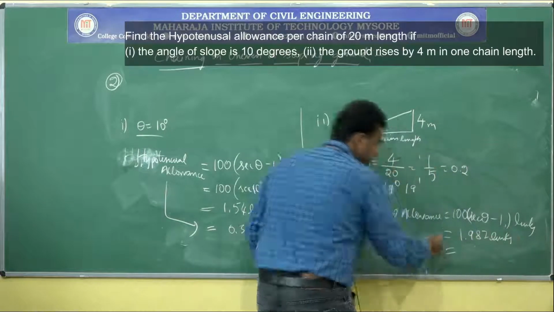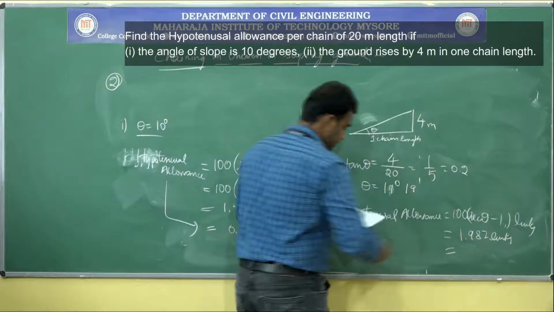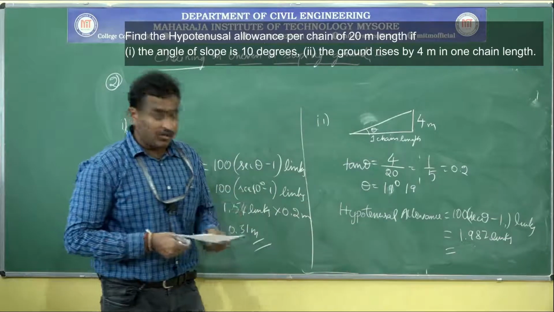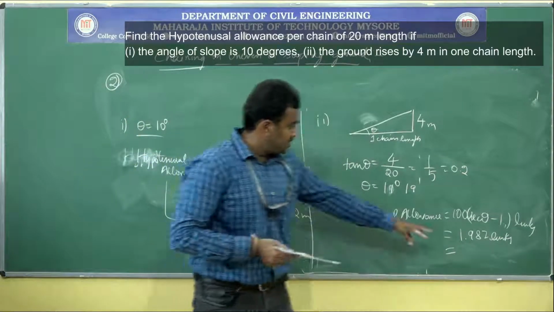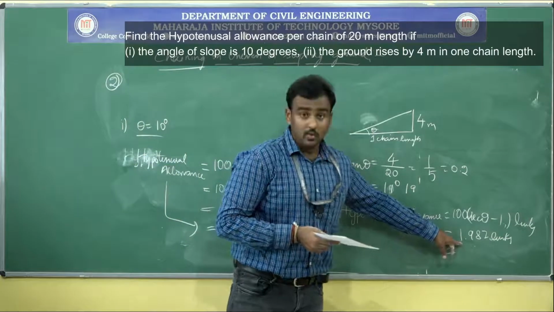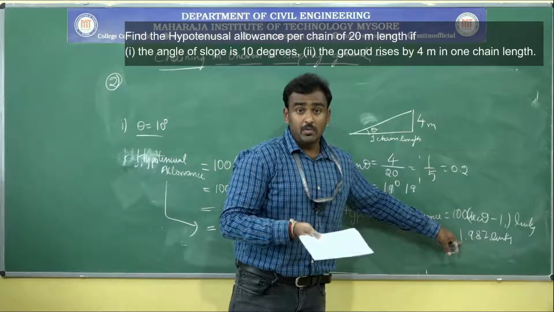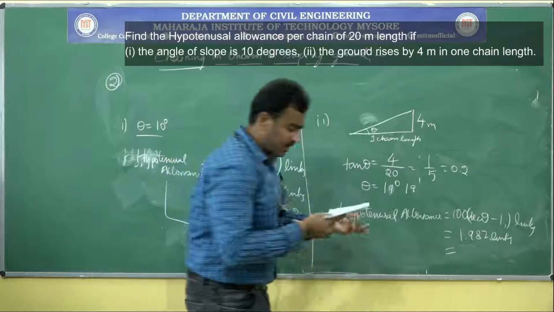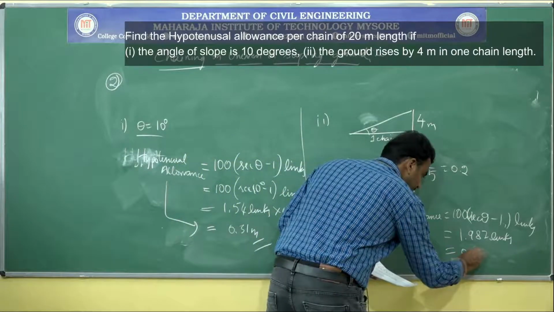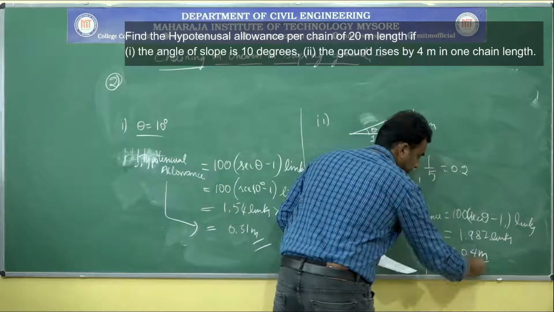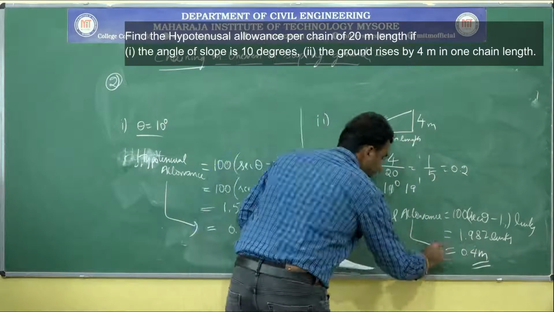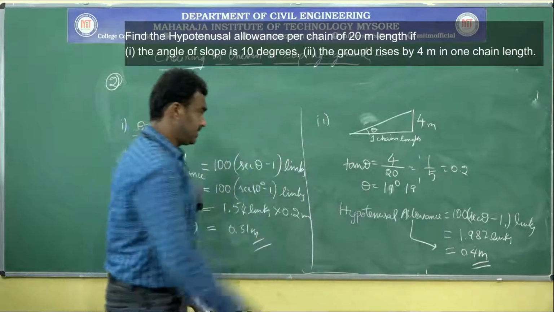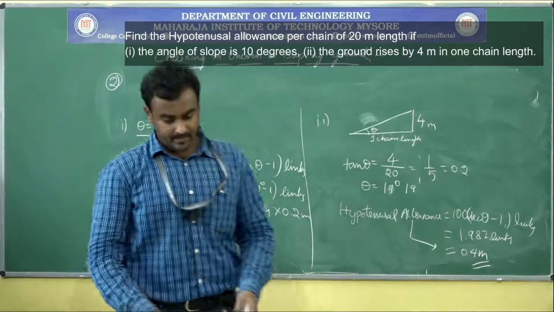If I multiply with the link length, that is 0.2 meters, or I can simply say this can be rounded off to 2 links. One link length is 0.2 meters and 2 link length is nothing but 40 centimeters or 0.4 meters. So this is the hypotenuse allowance in the second set of data.